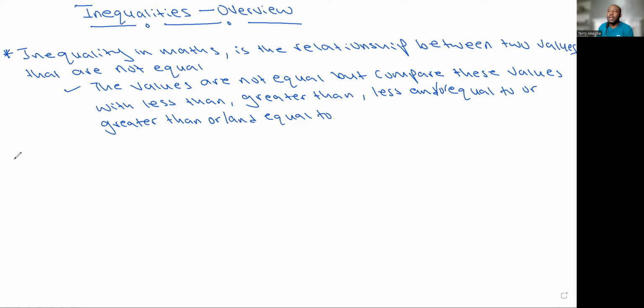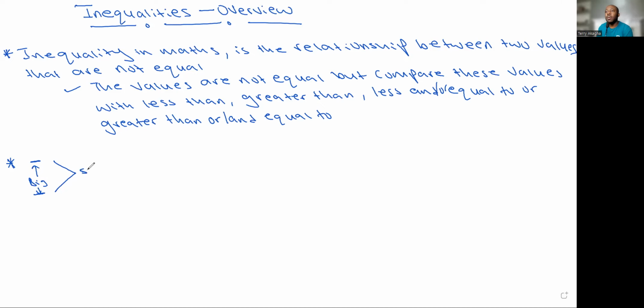All right, so quickly, I'm going to talk about some of the signs, okay? Because sometimes some students always ask, oh, Terry, this sign, what does it mean? How will I differentiate a greater than and a less than? What I want you to know is that with this sign we use it for either greater than, less than, or you add an equal to there. But basically, what we do is that the bigger number is written on this side, okay? We write the bigger number here.